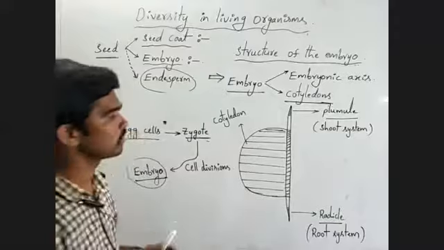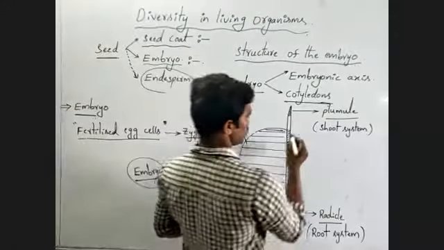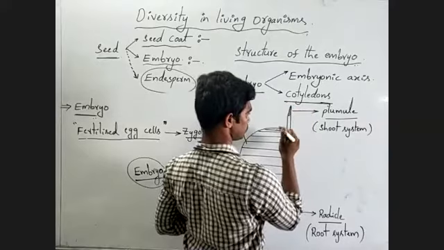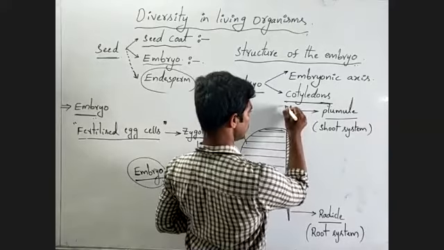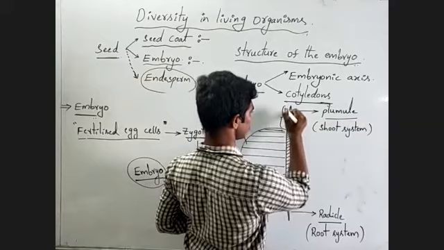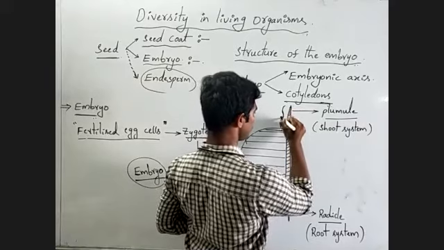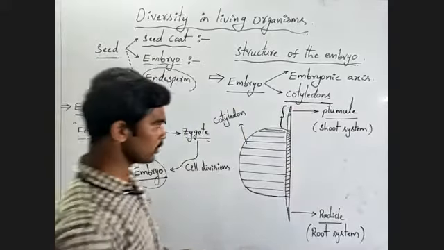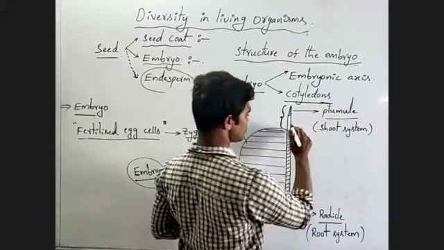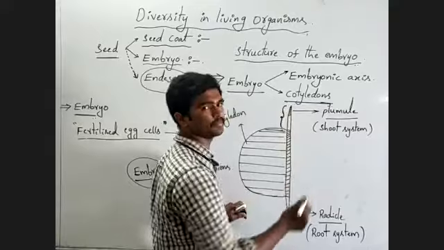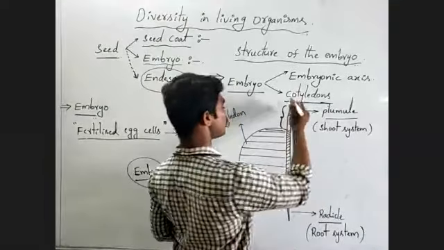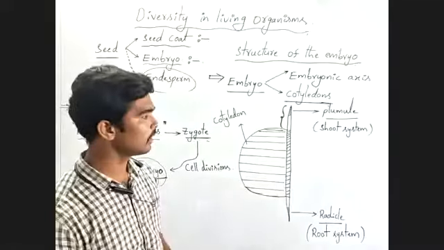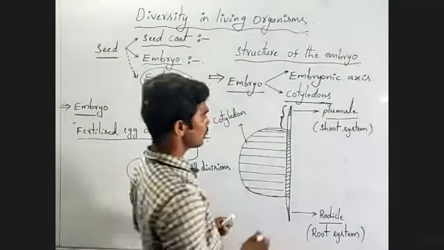Imagine. Now, the region of the embryonic axis, entire this region, not this only, entire this region of the embryonic axis that is present above the cotyledon. Okay, listen carefully.